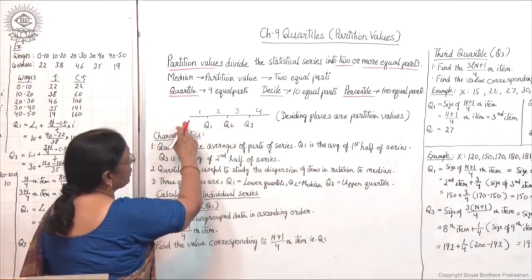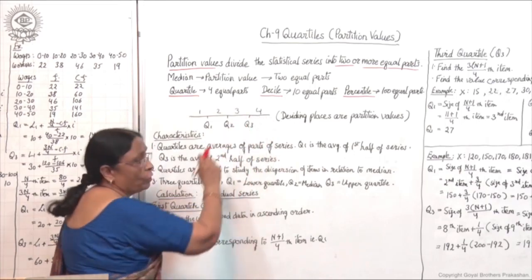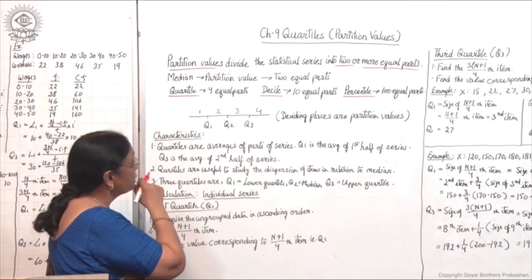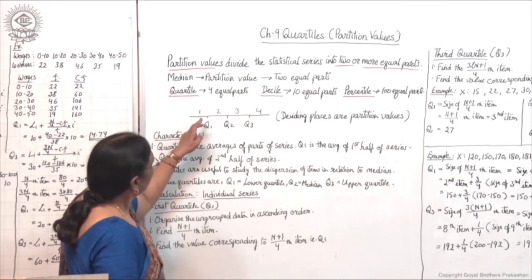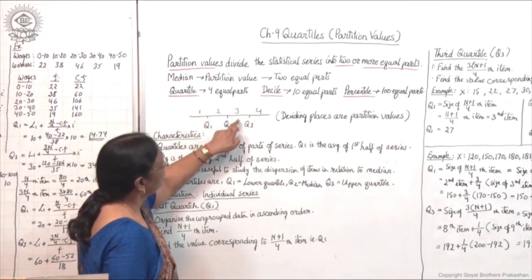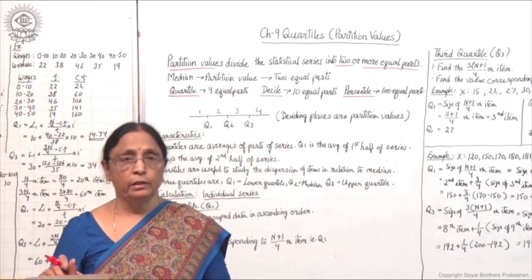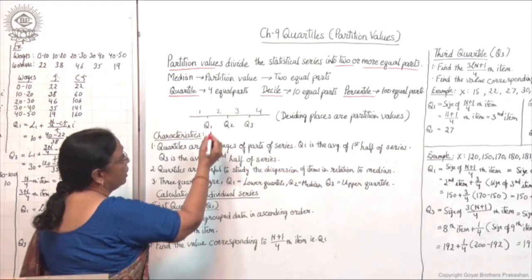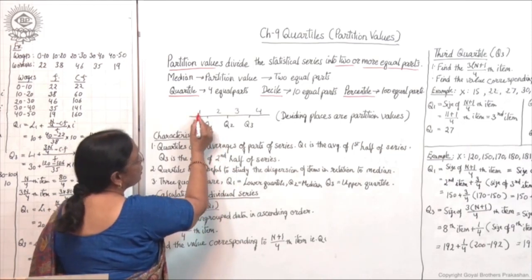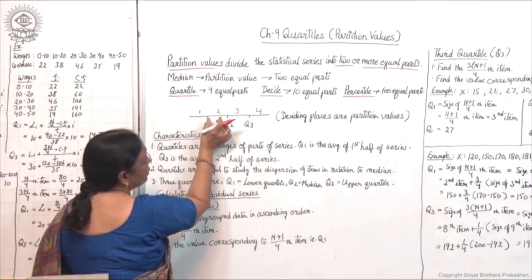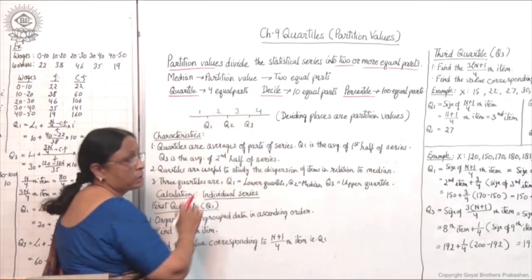As shown here, suppose this is a piece of cloth and you cut it here, here and here. That means 3 cuts, and you get 4 parts: 1, 2, 3 and 4.